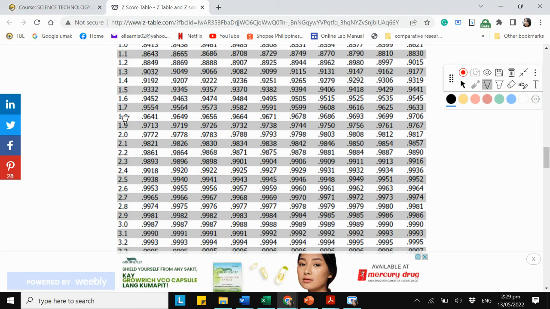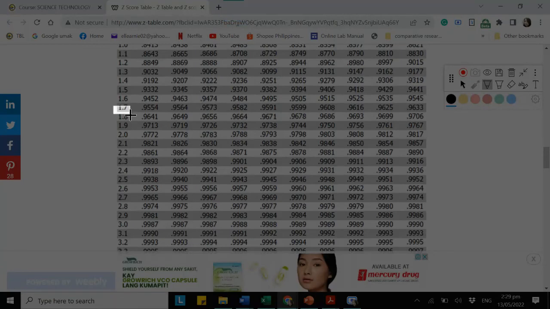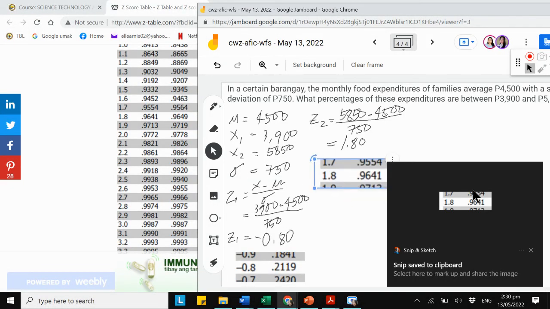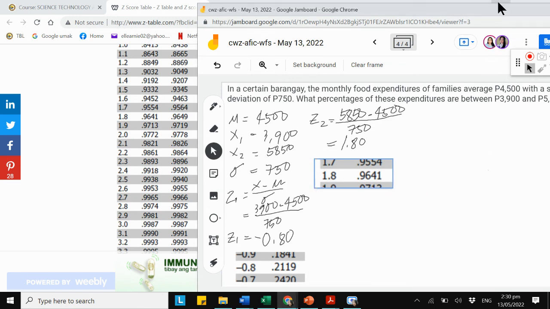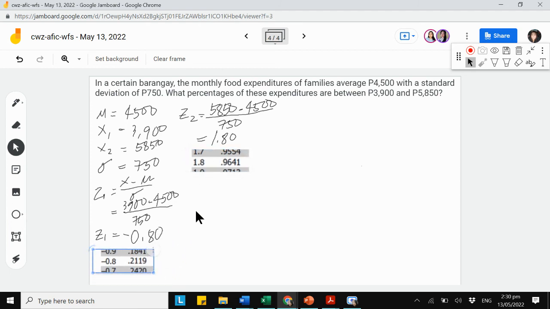Ito si 1.80. Okay, so this is now equal to 0.9641.